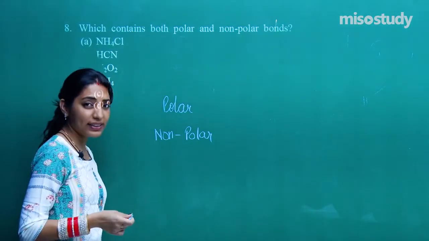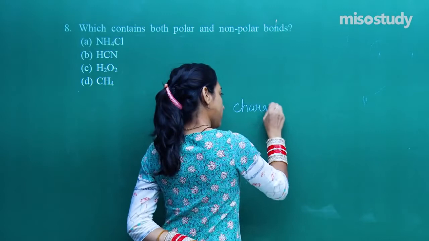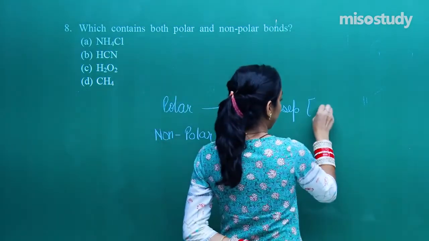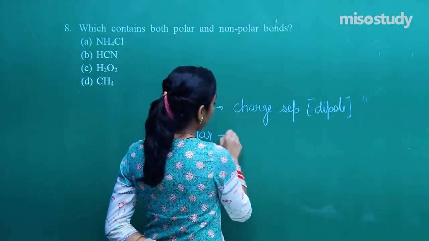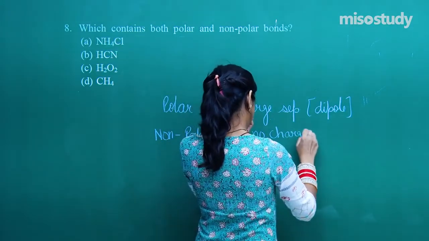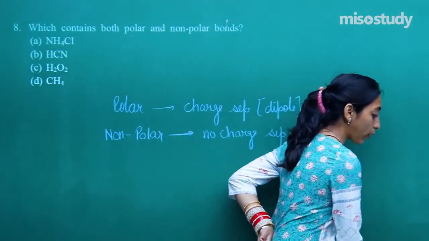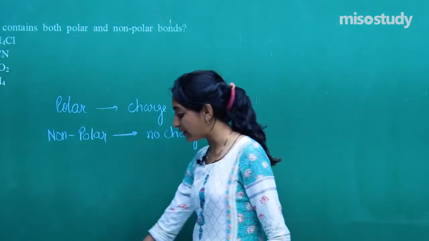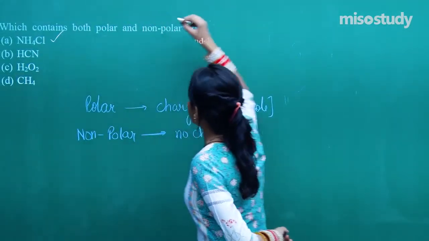Polar basically means when charge separation is there, that means when dipole exists. And non-polar bond means no charge separation. So in any particular molecule, you have to figure out whether both polar as well as non-polar bonds are present simultaneously or not. Let's go for NH4Cl.